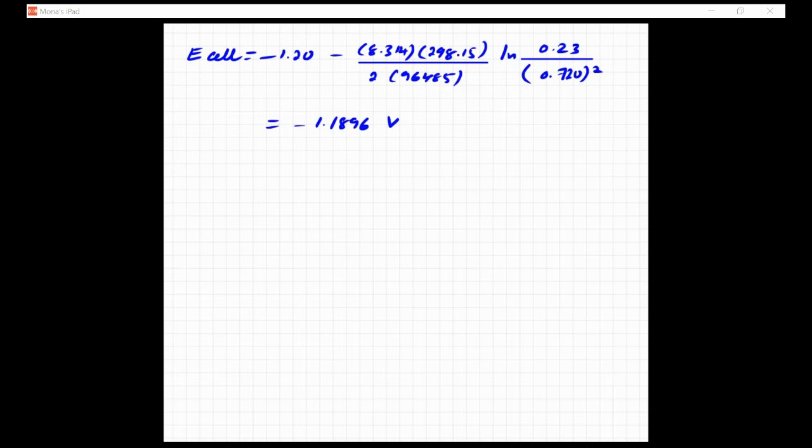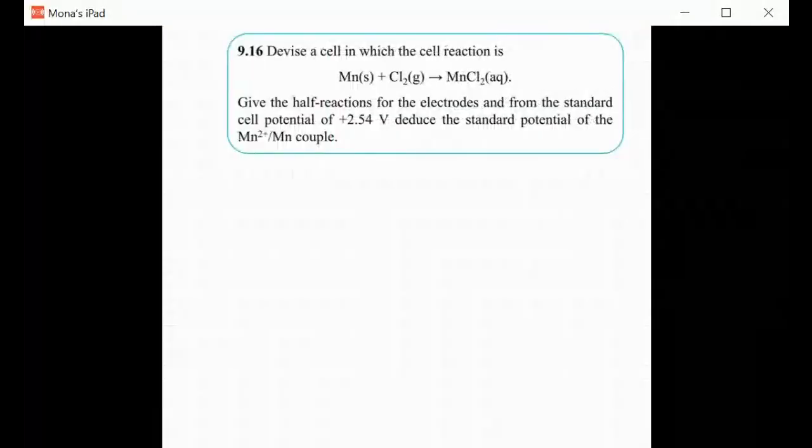If we round off, you might see at the end that the value of the cell potential is equal to the value of the standard cell potential. But actually they are not. Minus 1.2 is not the same as minus 1.1896. There is a difference. So this is a question here.